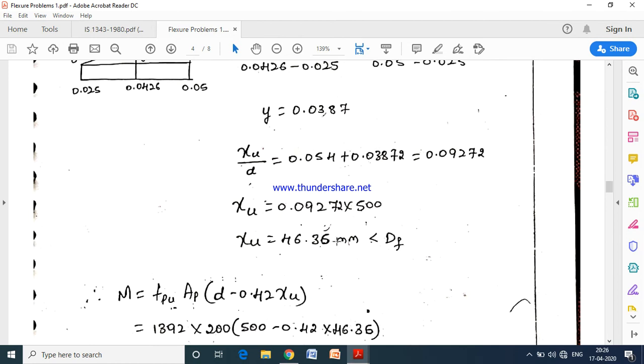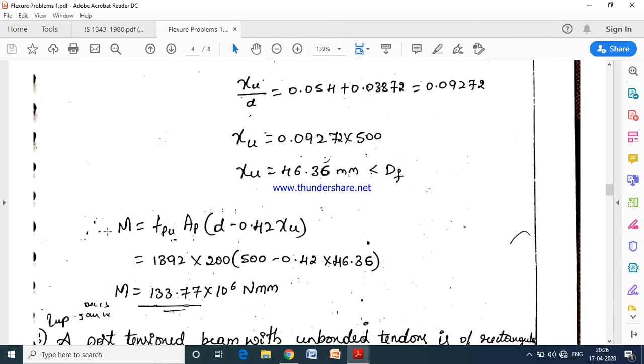It means your neutral axis lies in the flange. So directly substitute the value and simplify, we will get the moment capacity of the given section, that is 133.77 kilonewton meter. You can write it in Newton mm or kilonewton meter.